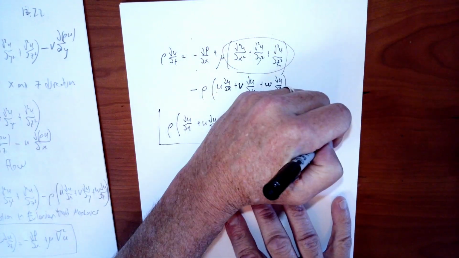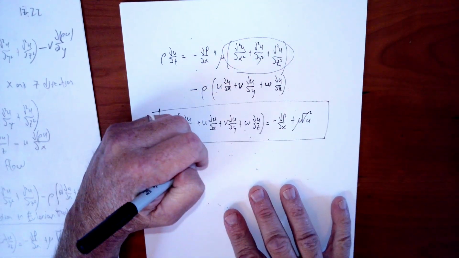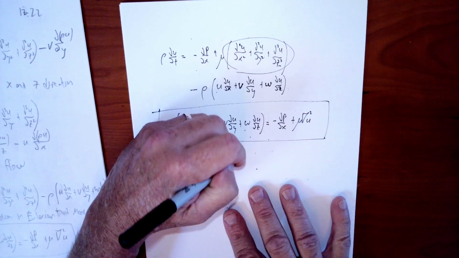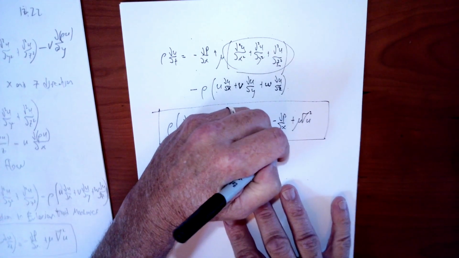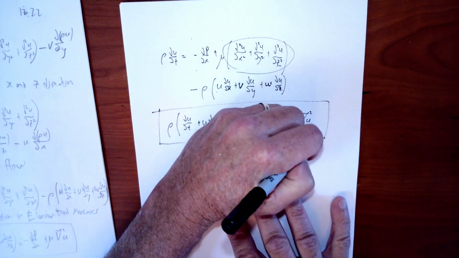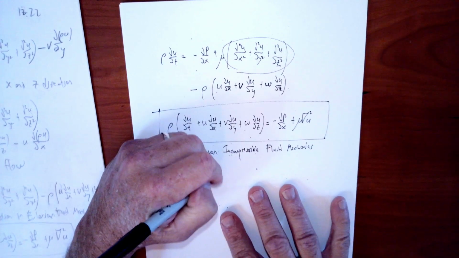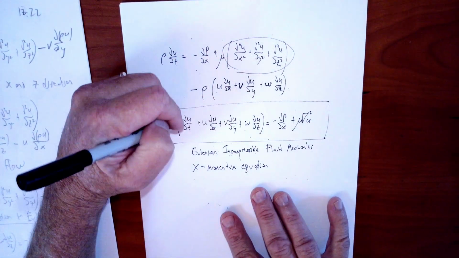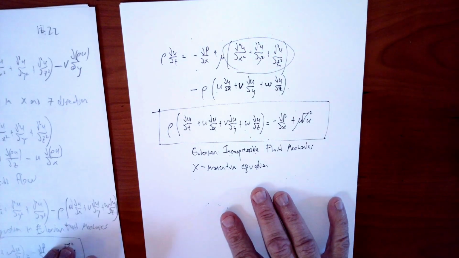So that is the equation that you have for Eulerian incompressible fluid mechanics. So that's your momentum equation. This is the x momentum equation. That's why it's all u's here. Everything is u in the numerator because that's the x momentum equation.